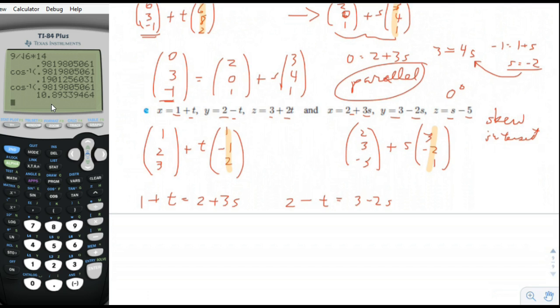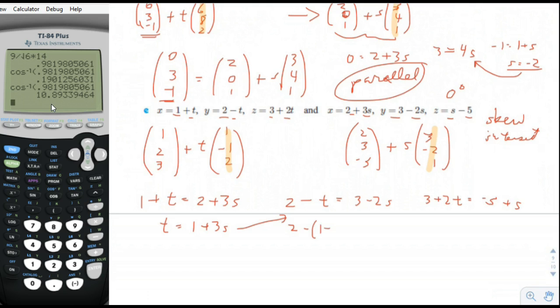And the z components are equal to each other: 3 plus 2t equals -5 plus s. Okay, and let's take this one here. We'll say t is equal to 1 plus 3s. And then we'll put that into here and see if it works out.